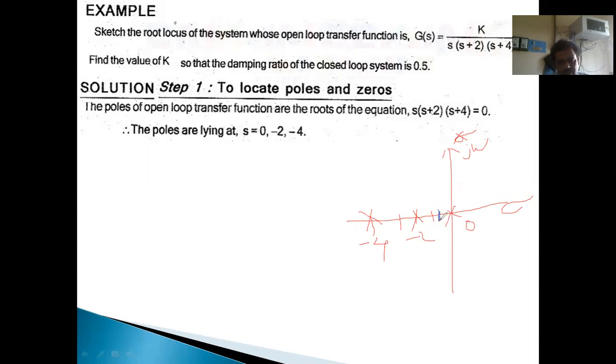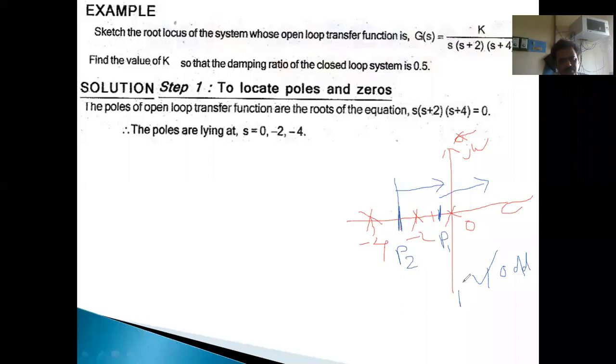If we take a test point here, the total number of poles and zeros on the right side of this test point is only 1 pole. It is an odd number, that means this test point is on the root locus.